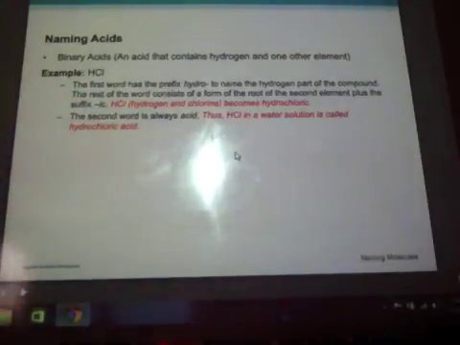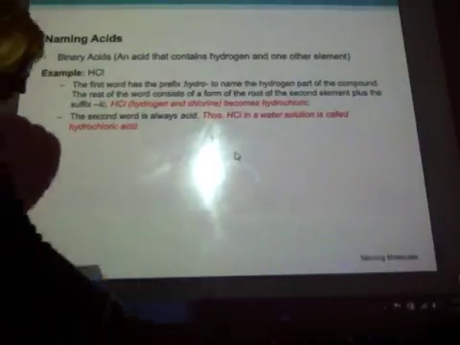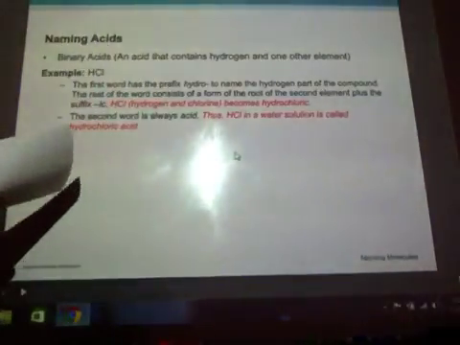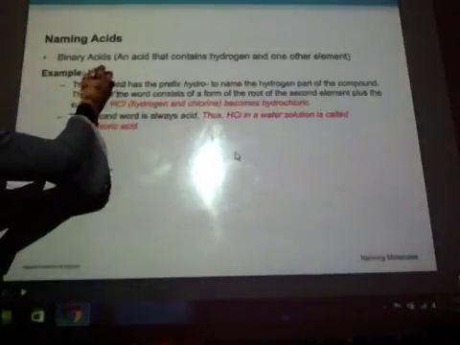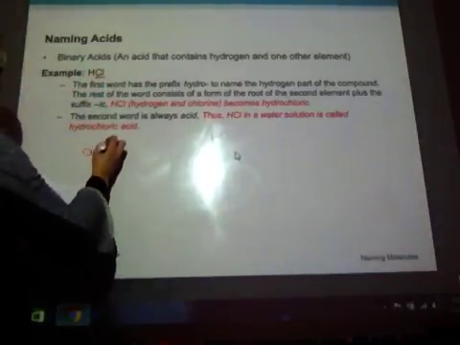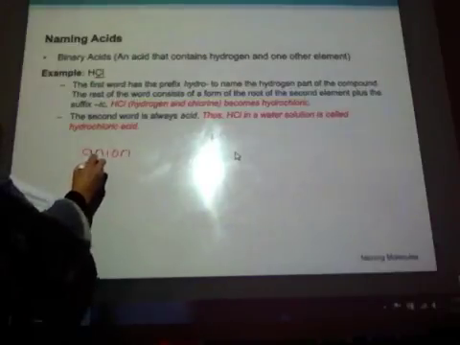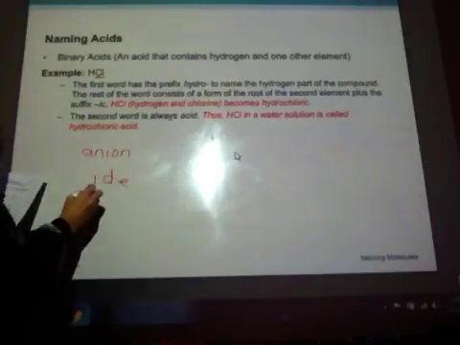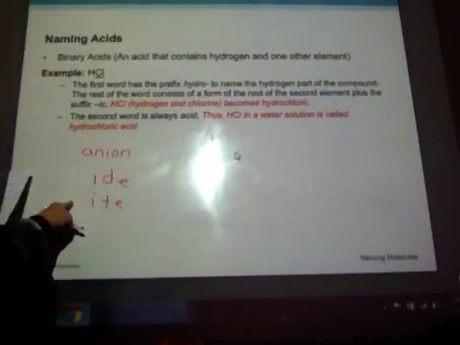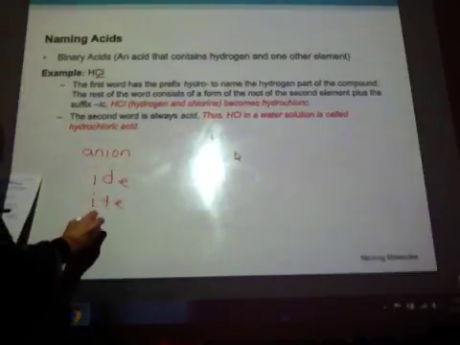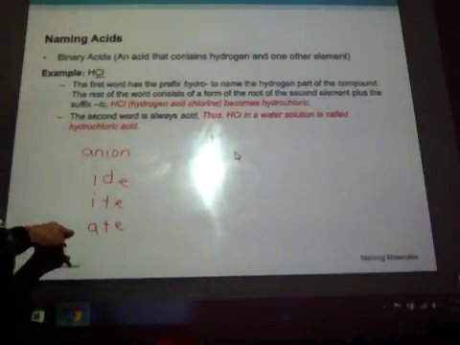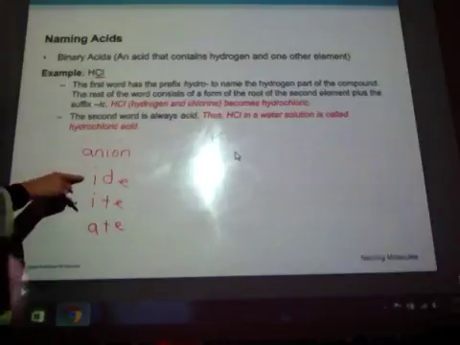Looking at your table, when I look at the anion, it can end with "ide," can end with "ite," like chlorite, bromite, or it can end with "ate," like sulfate, phosphate.